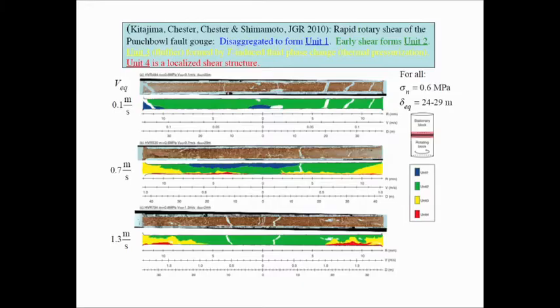Yeah, this is just to show you that in real experiments, we can see this process of thermal pressurization. This was actually from gouge from that same punch bowl fault that was disaggregated and put into a rotary shear apparatus. The center of the apparatus is here, so the highly sheared part is out here near the edges. And you can see that the material underwent a transition due to high pressurization.